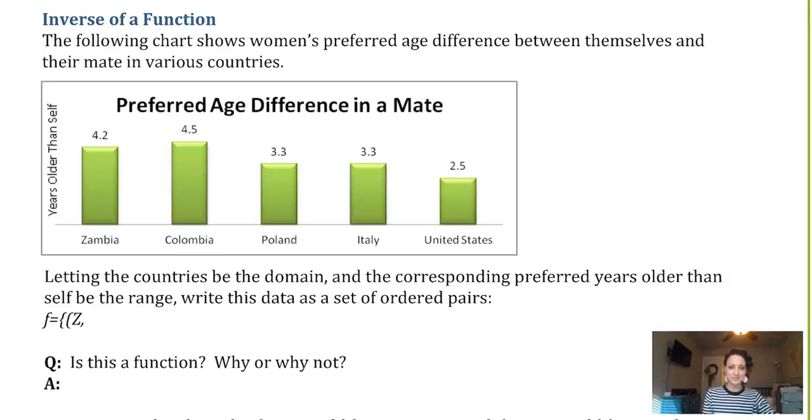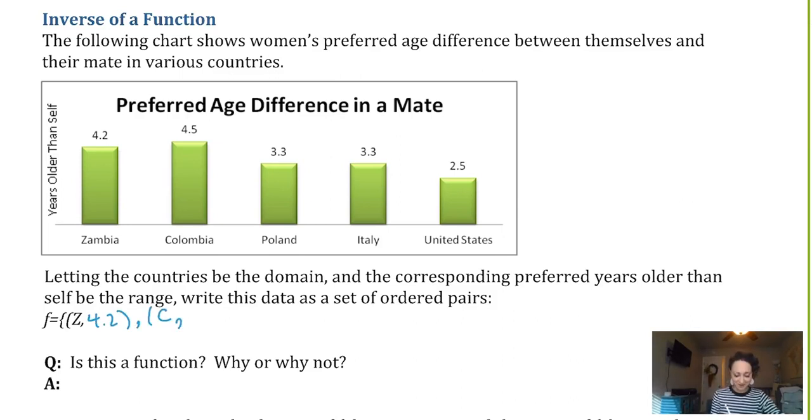Alright, so here's an interesting little bar graph that I found a few years ago. The following chart shows women's preferred age difference between themselves and their mate in various countries. Letting the countries be the domain and their corresponding preferred years older than self be the range, write this data as a set of ordered pairs, such as Z for Zambia, comma 4.2, right?